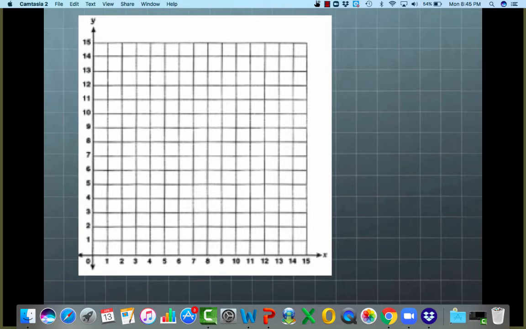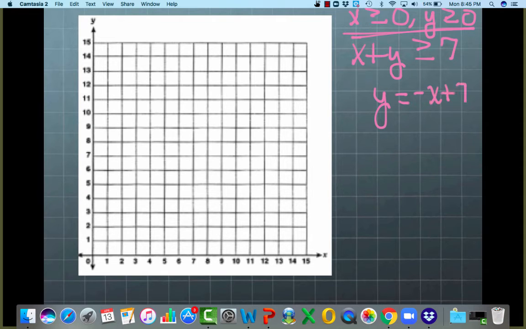We had x plus y greater than or equal to 7. If I plot that, notice that the axis is just in quadrant 1 because we had the restrictions that x was greater than or equal to 0 and y was greater than or equal to 0. That keeps everything in quadrant 1. If I solve, I have y equals negative x plus 7.